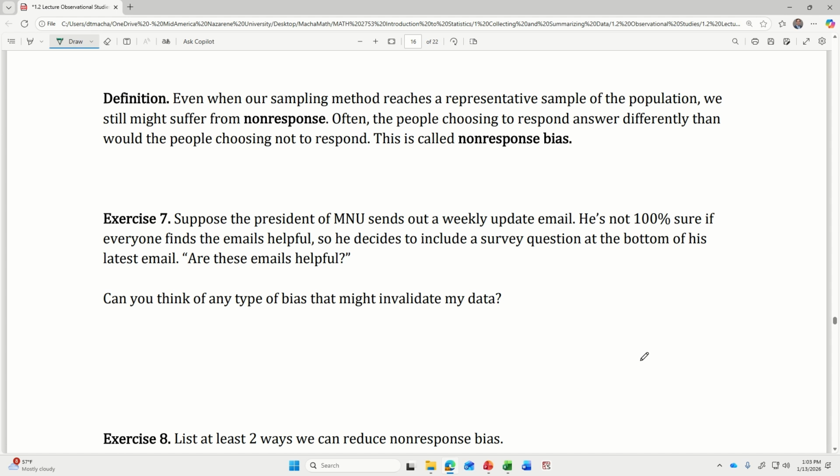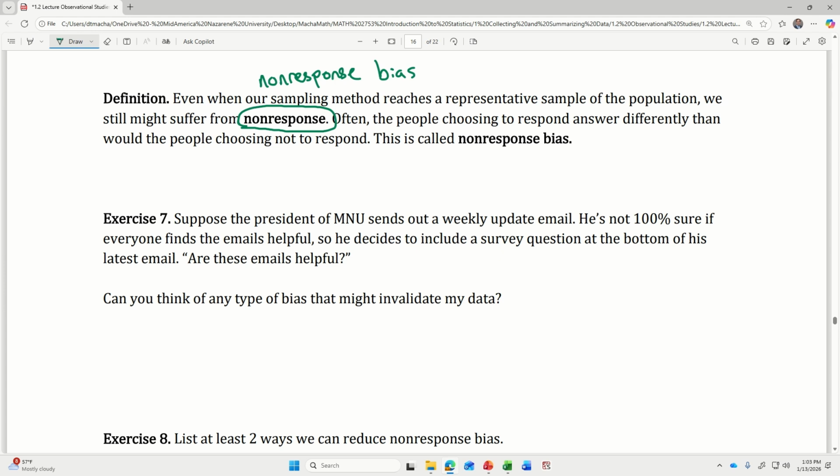Even when our sampling method reaches a representative sample of the population, you might still suffer from non-response bias. This means even though I've reached out to the right people, they still have the choice of whether or not they're going to fill out my survey.